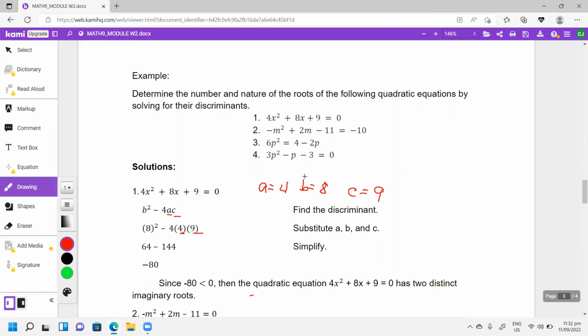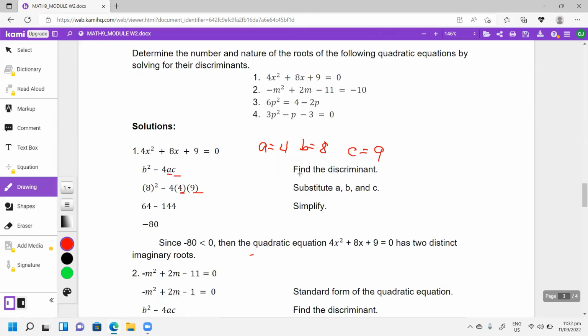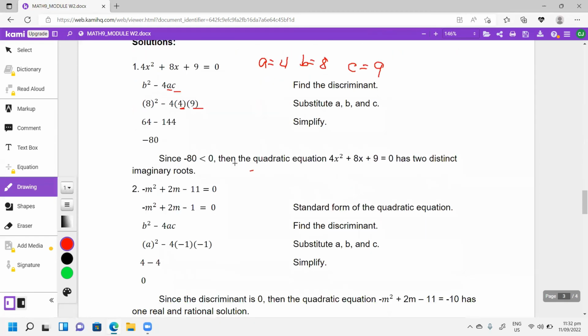So it is just like that. For number 2, negative m squared plus 2m minus 1, it is already in standard form. After that, let us identify the a. Negative 1, our b is 2, our c is negative 1.